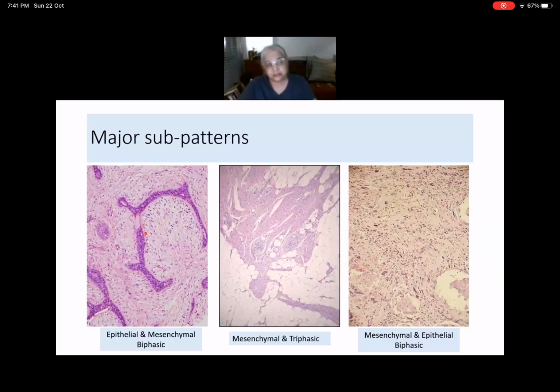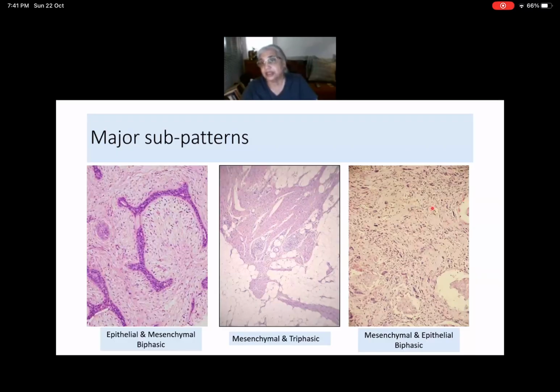And then you have these myxoid areas where cells are producing a myxomatous matrix. There is no carcinoma, there's nothing. Here you have epithelium, and then you have mesenchymal. Here it's triphasic, and this is a tumor which is known as a fibrous hamartoma of infancy, but you don't need to know that.